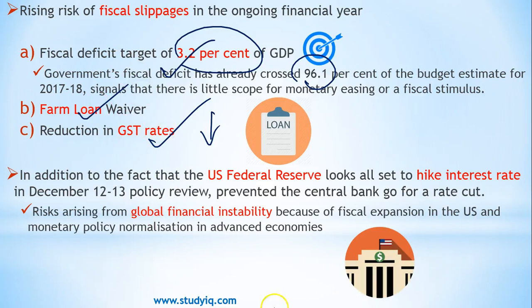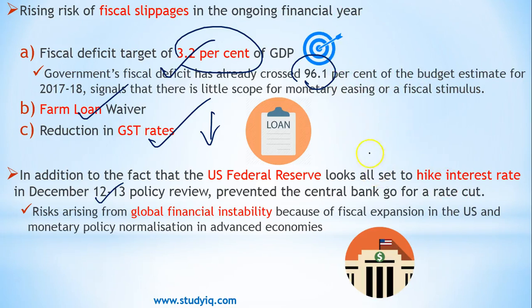The other thing is the US Federal Reserve, right? It is said that in the December 12 and 13 policy review, the US Federal Reserve can increase the interest rate. So why does it matter?